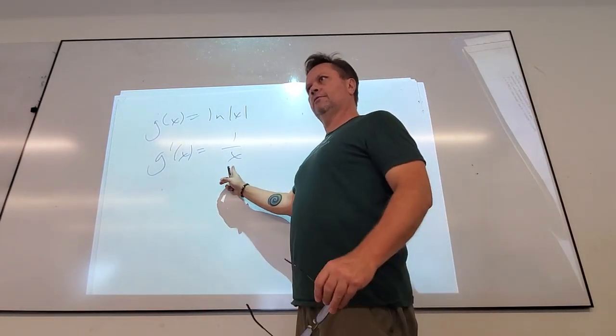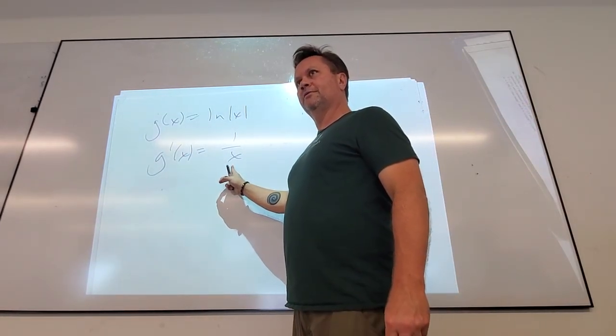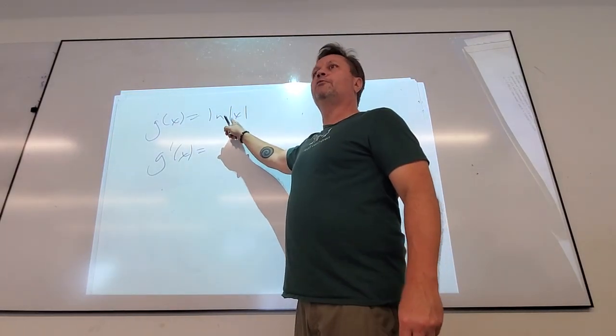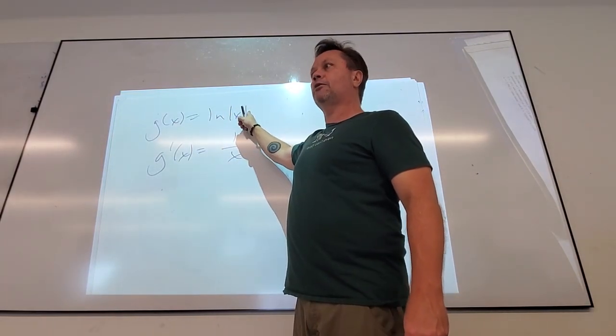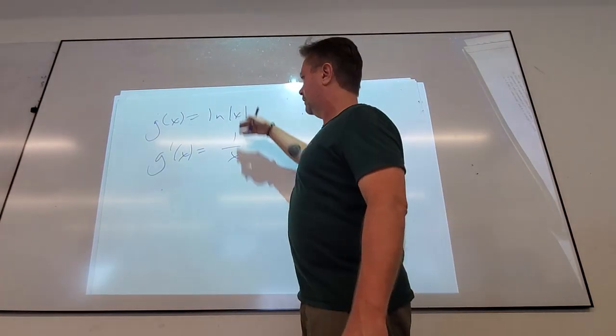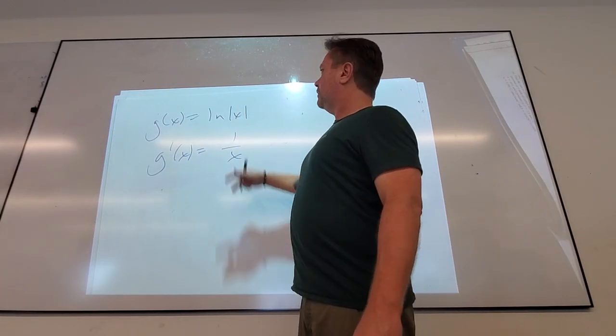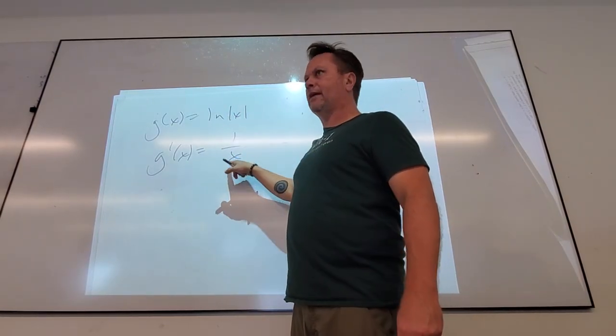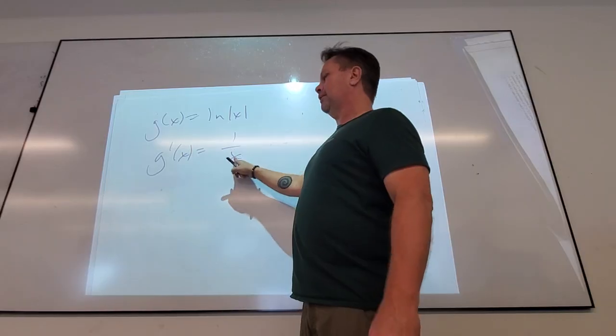What's the domain of this? Everything except 0. If I put the absolute values, the domain is everything except 0. Without the absolute values, the domain is 0 to infinity, correct? If I put absolute values, these match. So this is the fuller picture of the derivative of ln. This gives me an absolute value and it doesn't change.